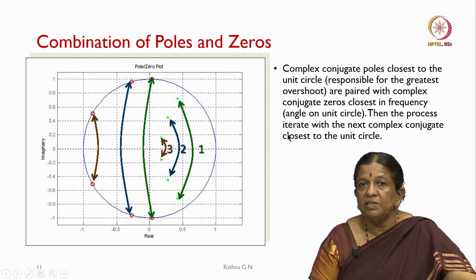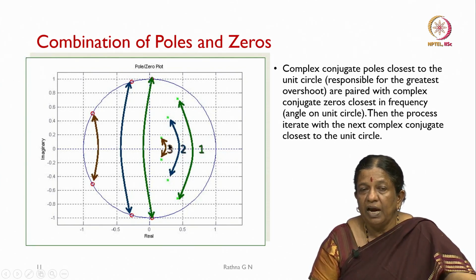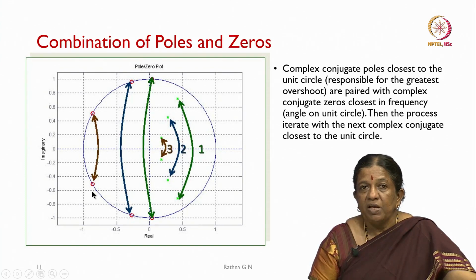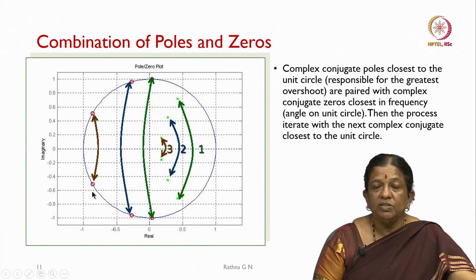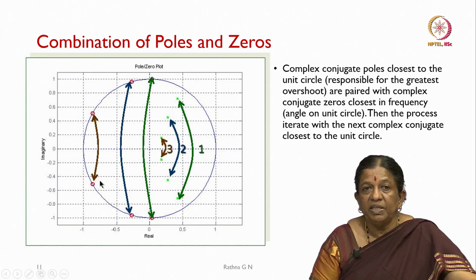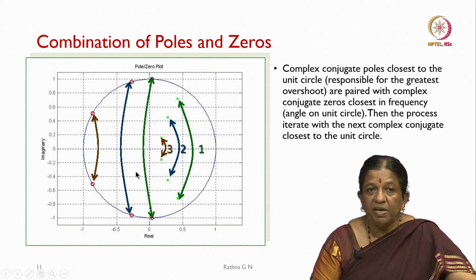Then the process iterates with the next complex conjugate pair closest to the unit circle, paired with the next zeros, and the one nearer to the origin is connected with the nearer zeros. Otherwise, one has to use a trial and error method, or see how the pairing is going to happen, as we have seen in the last class.